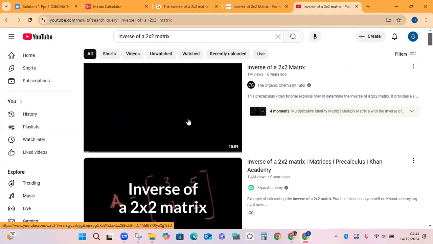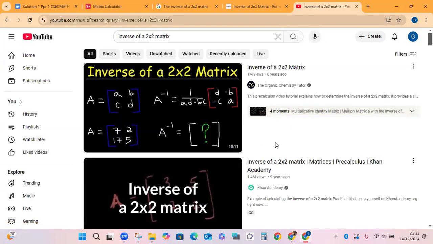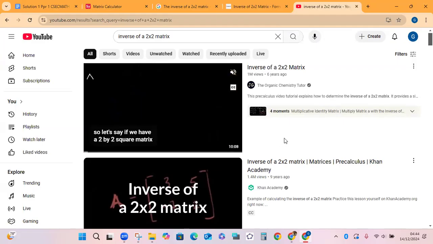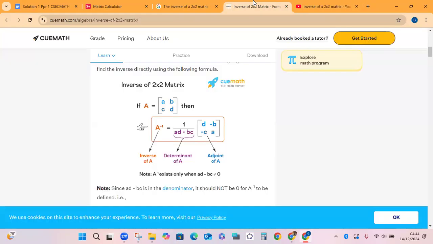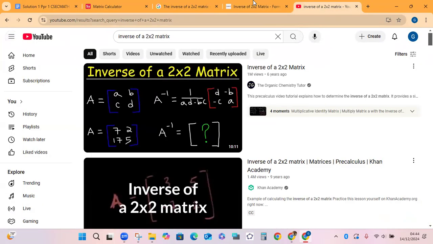Here you see 1 over the determinant times the adjoint. And please take your pen, your pencil, your paper, and practice how to find the inverse of a 2 by 2 matrix. You can use Google and you can use YouTube. It's 1 over the determinant times the adjoint.